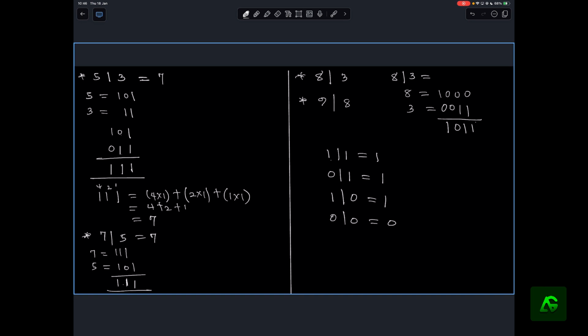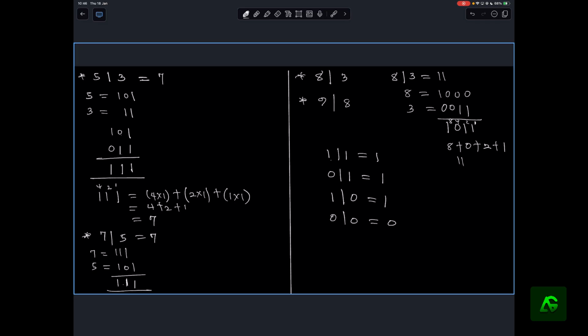The weights are 1, 2, 4, then 8. So 8 times 1 is 8. 4 times 0 is 0. 2 times 1 is 2. 1 times 1 is 1. The addition of everything results in 11. So we have 11 here, right? Is that what you have?